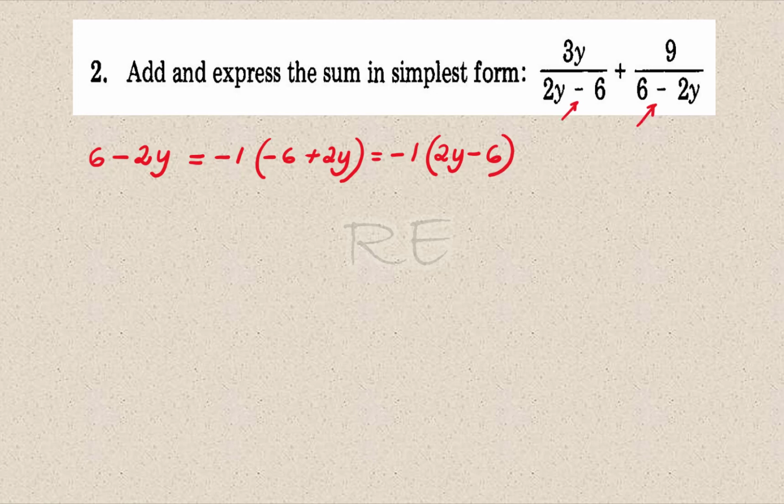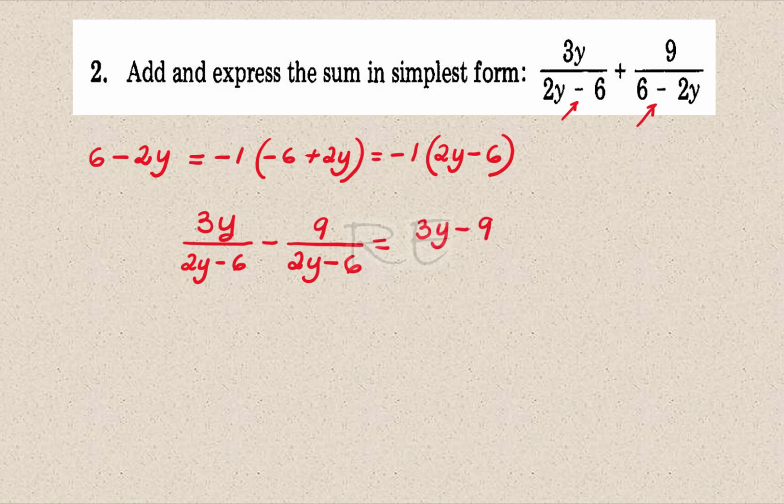So we can replace 6 minus 2y by negative 1 times 2y minus 6. Therefore, we'll get 3y over 2y minus 6 minus 9 over 2y minus 6. And now the two denominators are the same.